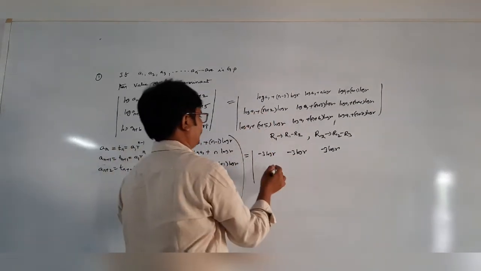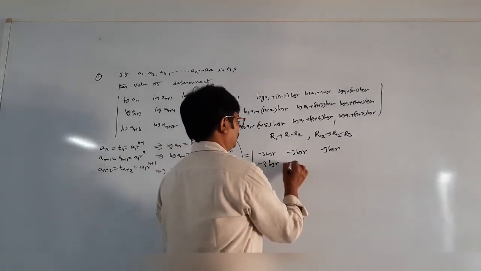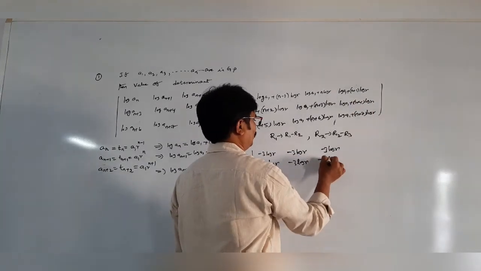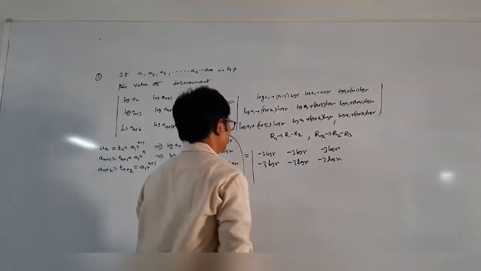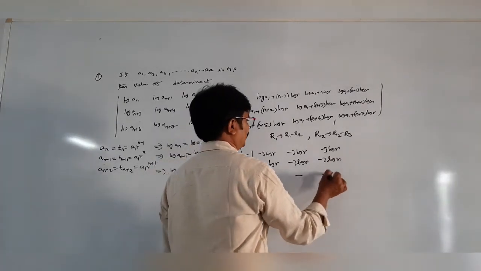Log A n cancels, minus 3 log R. Yes, minus 3 log R. This is also minus 3 log R. So this is the last row.